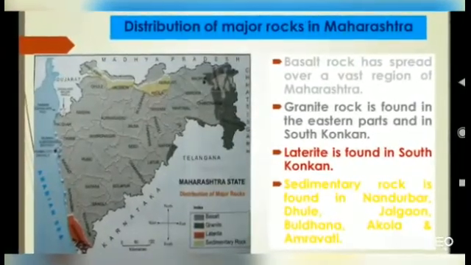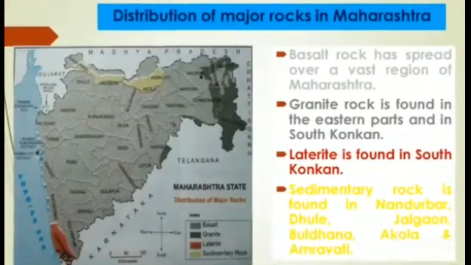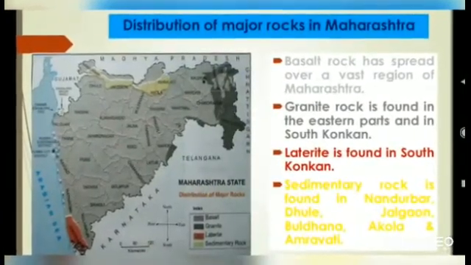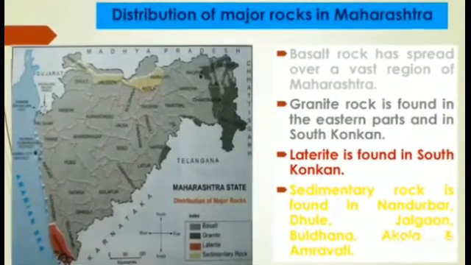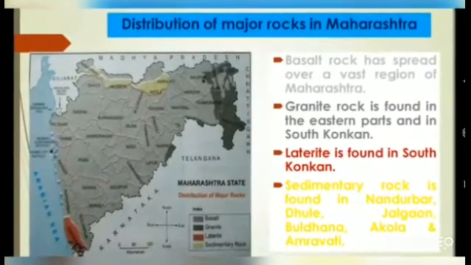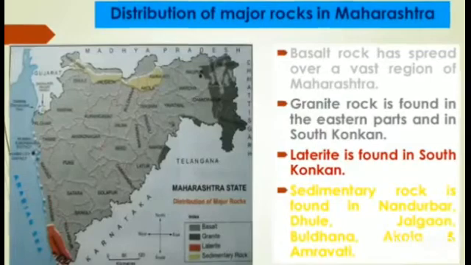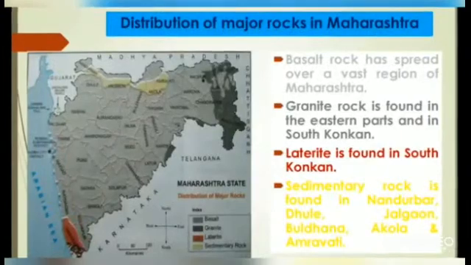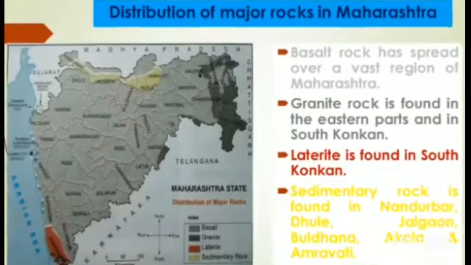So you see in Maharashtra, other than basalt, laterite soil is found in Sindhudurg in the south, and sedimentary rocks are found in Nandurbar, Dhule, Jalgaon, Buldana, Akola, and Amravati. Granite rock is found in eastern parts of Maharashtra and is also found in South Konkan.